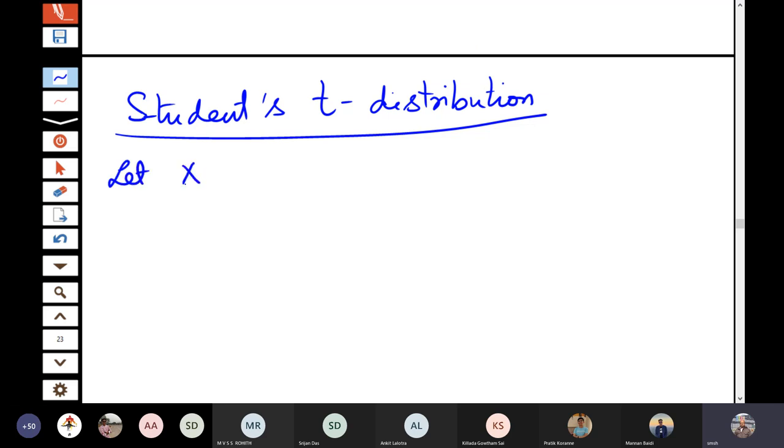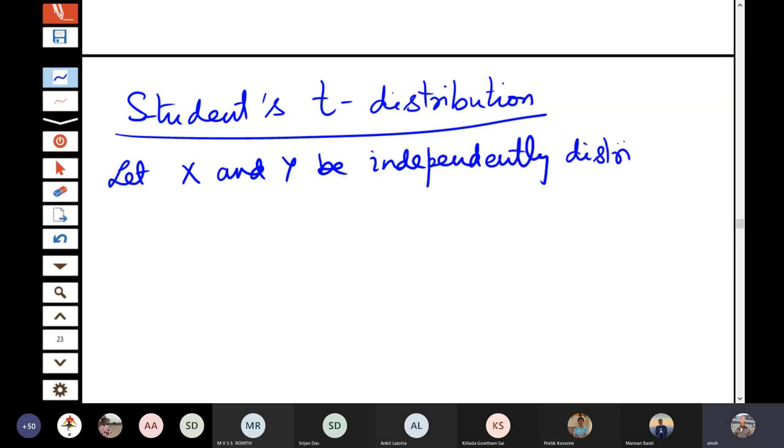Let x and y be independent random variables.